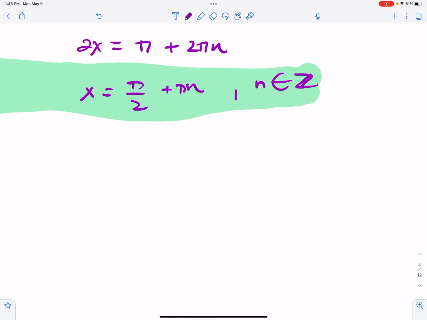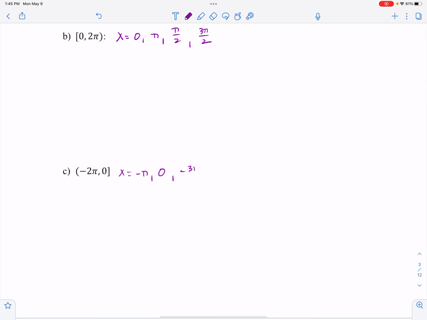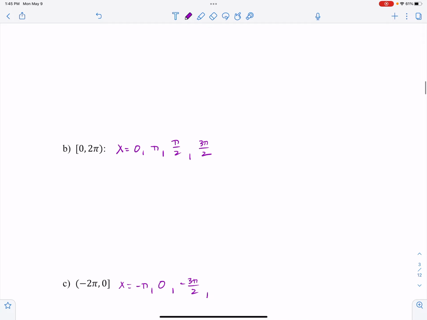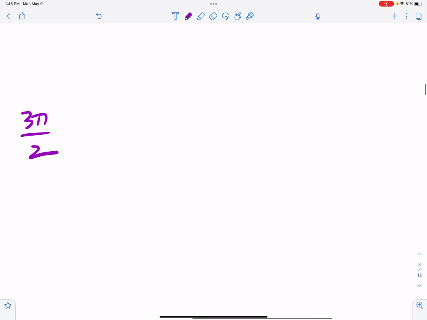I think, okay, well, if we let n equal to -2, well, pi over 2 minus 2 pi, that's pi over 2 minus 4 pi over 2, which would be -3 pi over 2. And if we let n equal to -1, pi over 2 minus 2 pi over 2, right, minus pi would be -pi over 2.